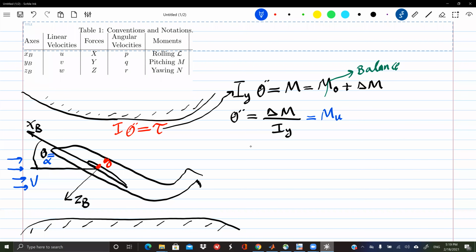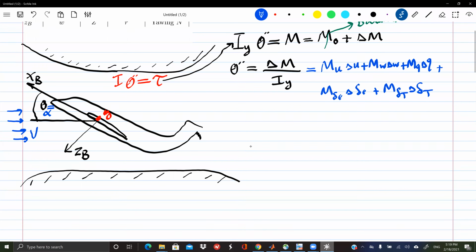You can just believe me that you can write delta M over I_Y as M_U delta U, M_W delta W, M_Q delta Q, and whatever M depends on, you keep adding things: M elevator delta elevator, M thrust delta thrust. These are the things that we decided the pitching moment M will depend upon. So there is actually an elevator here. This is the tail, and this is the elevator that we can move up and down. All right.